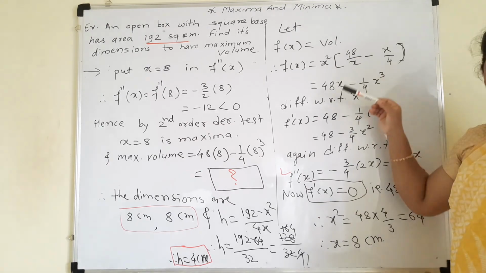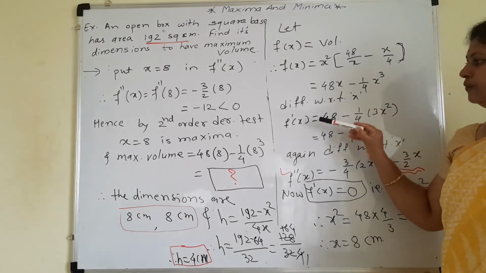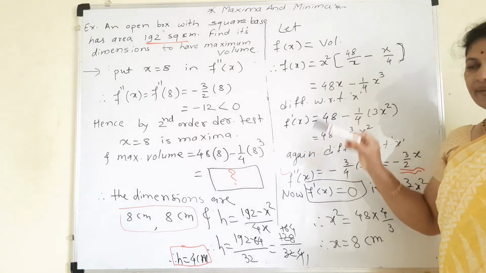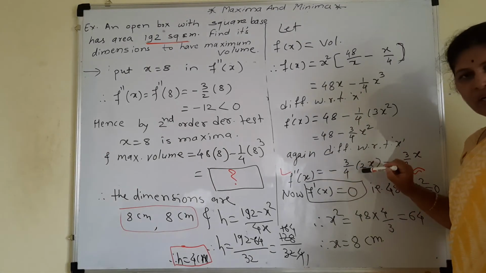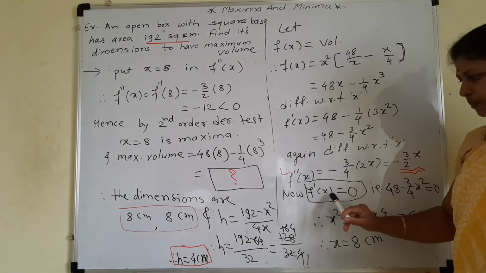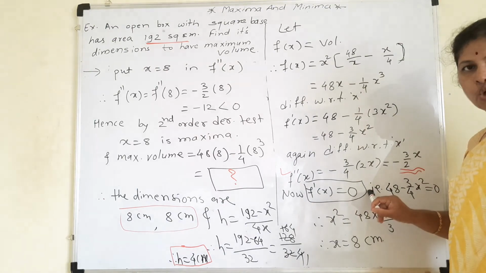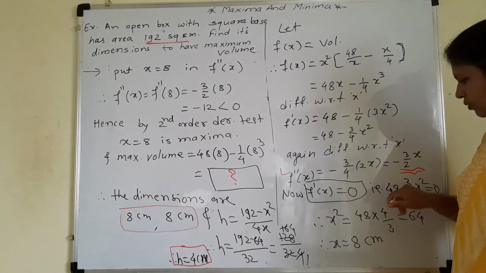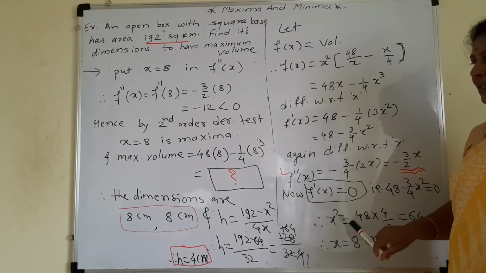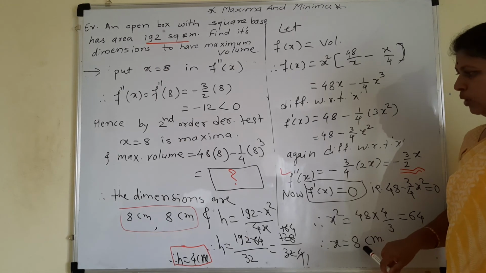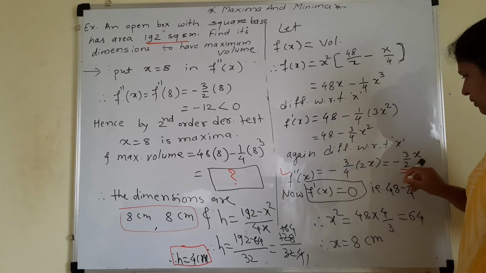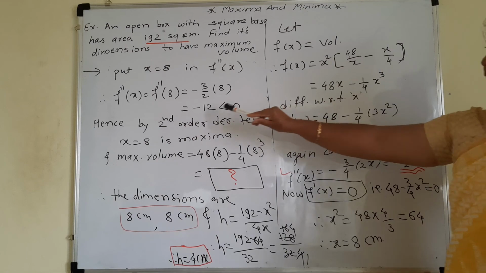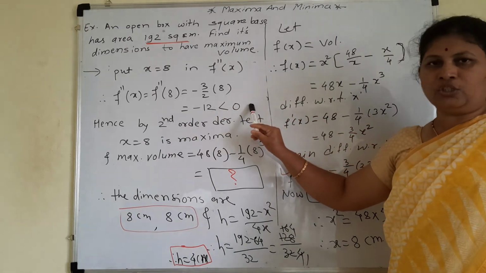Then the process is the same. Our steps: first step, differentiation, first order derivative. Second step, second order derivative. Then third step, compare the first order derivative to 0, which gives the turning point. X is equal to, here we get 8, and then by substituting x is equal to 8, f double dash of x will be negative. We got a negative value which is less than 0.